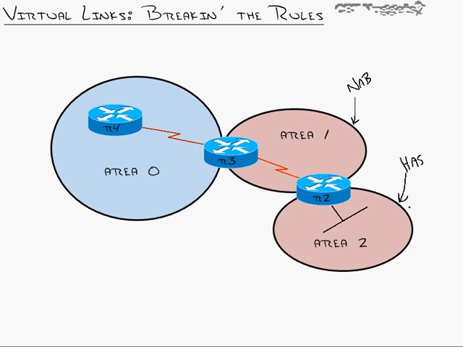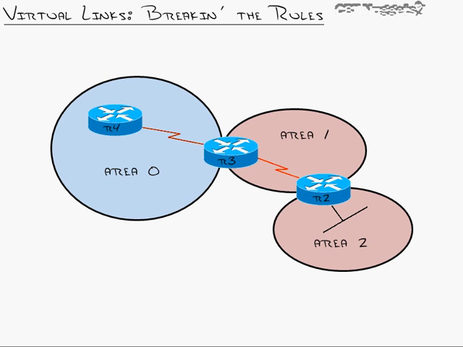Now, I don't even know what those two companies have in common, but they acquired each other. And so for the time being, you have the need to link in the Hasbro networks directly into the offices in Australia, and they don't have a direct connection back to area 0. That's a place where the virtual link can come into play.